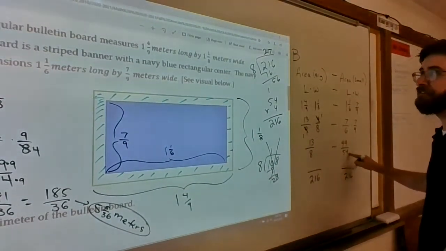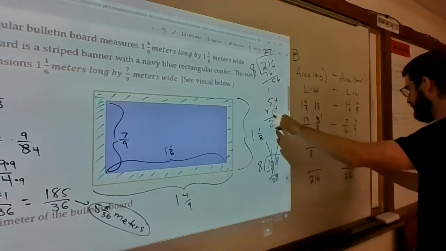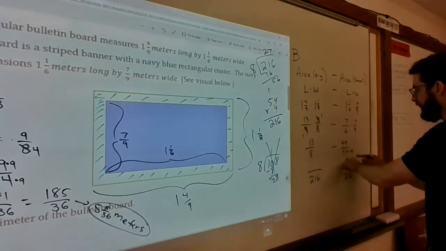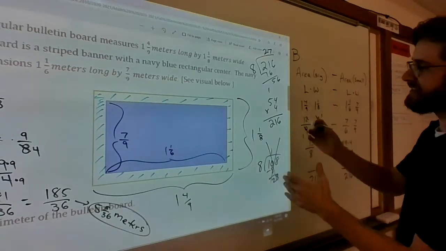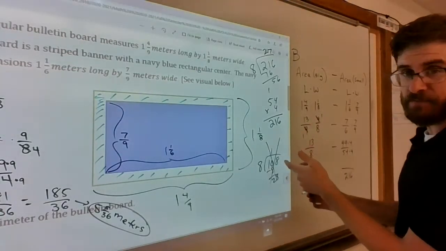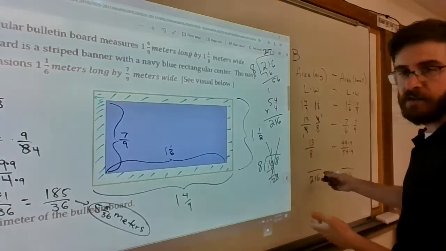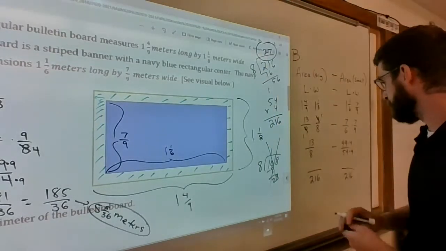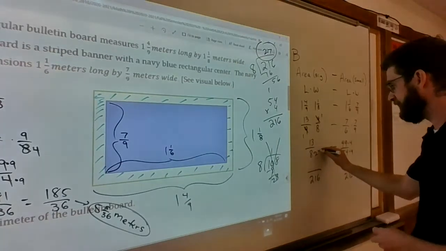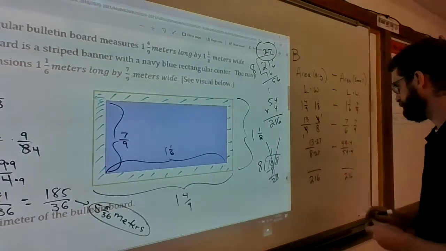I multiplied 54 times 4 to make that happen. So I'm going to do that on the bottom and then on the top. When I was checking to see if 8 actually was also a common number with 216, I got 27. So I'm going to multiply the bottom times 27 and the top times 27.